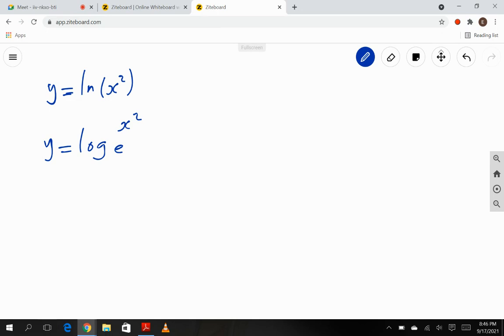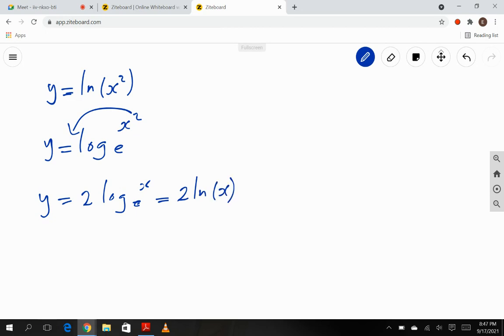So meaning you can rewrite this as what? Remember, you can bring this there, right? So you can have log 2, ln x.